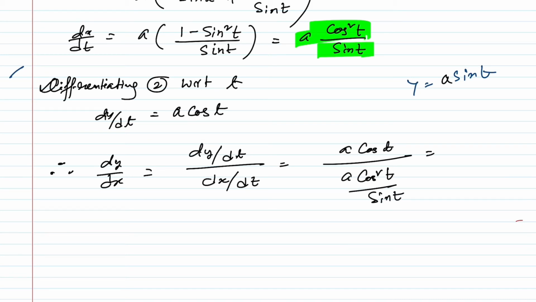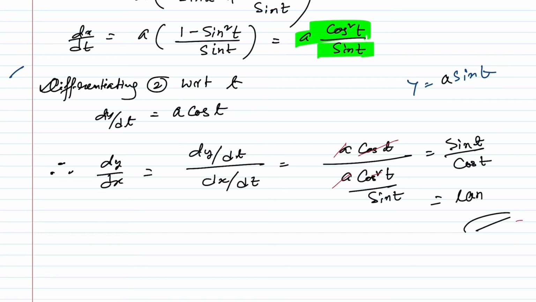Okay, so after simplifying, here a will be cancelled, this cos t will cancel this cos square t, so square will be cancelled, and here we will get sin t by cos t, that's going to be tan t. So this is your answer of question number 8. So hope you have understood this. So what we have got? We have got tan t.